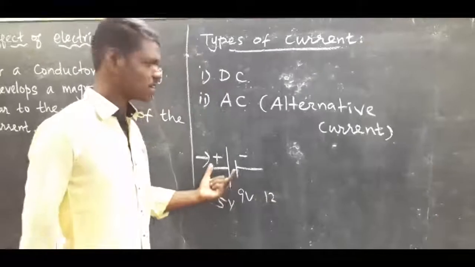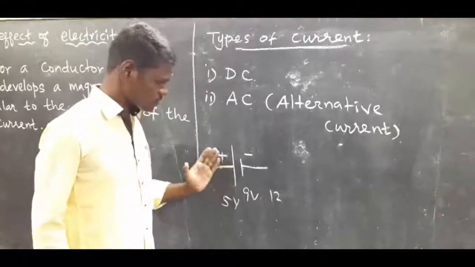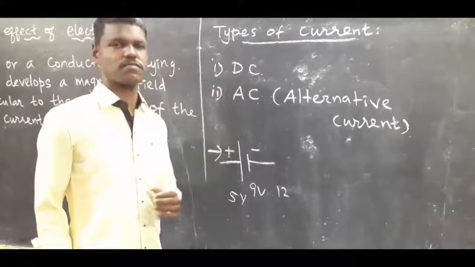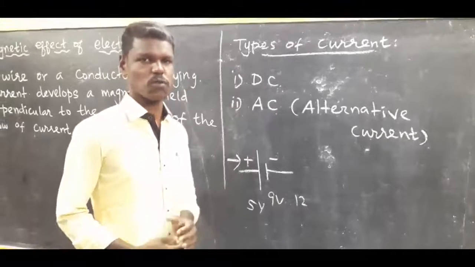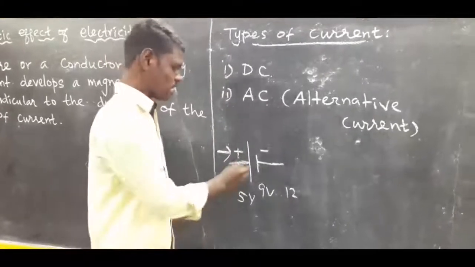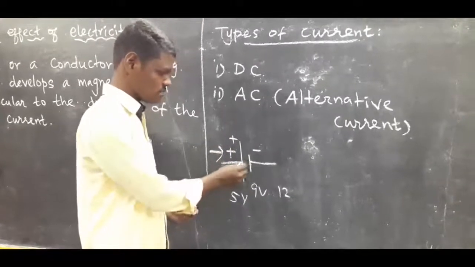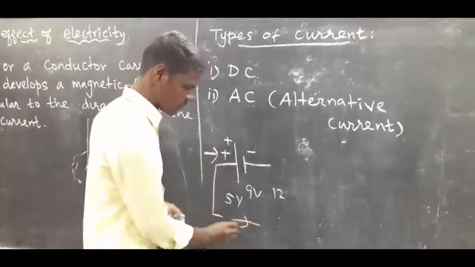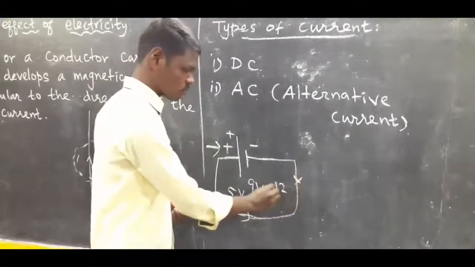When we take current from a battery, that is direct current, DC current or DC voltage. As you know, positive charge or current flows from positive to negative, while electrons flow from the negative to the positive terminal.